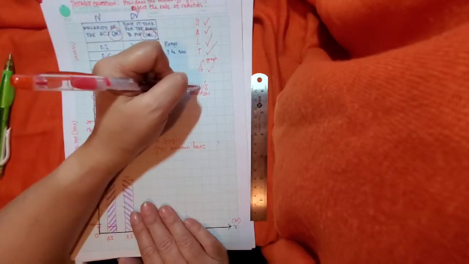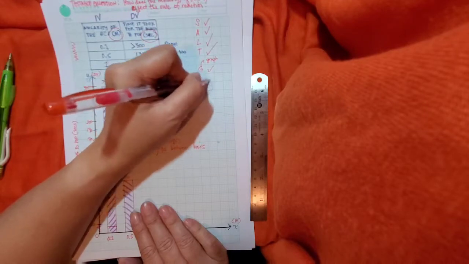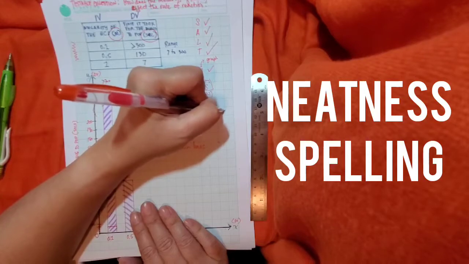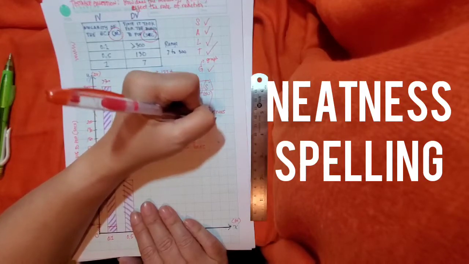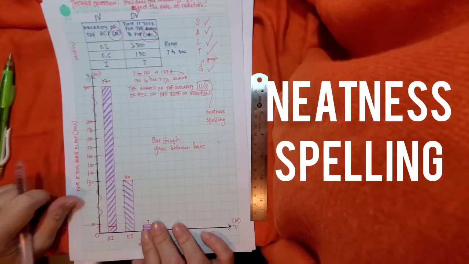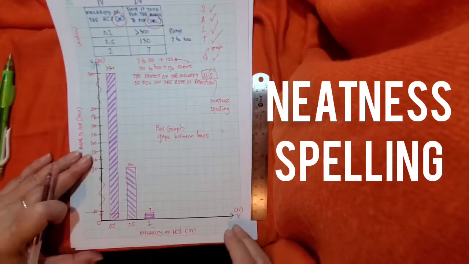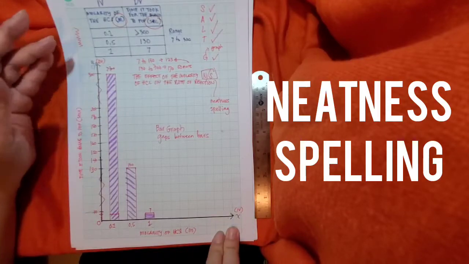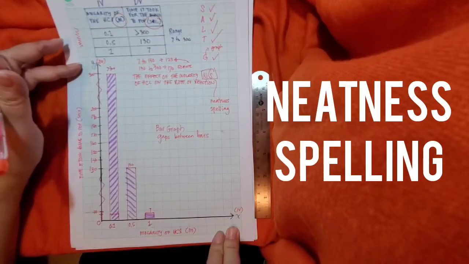Now, what is NS? NS stands for neatness and spelling. Now if the only thing on this paper is my graph, I would give a mark for neatness.